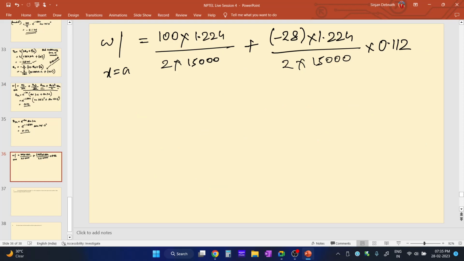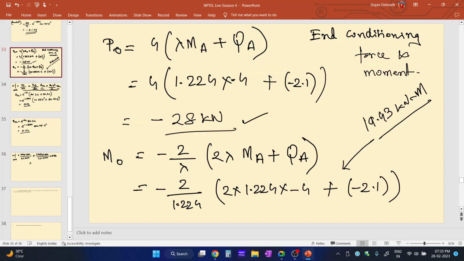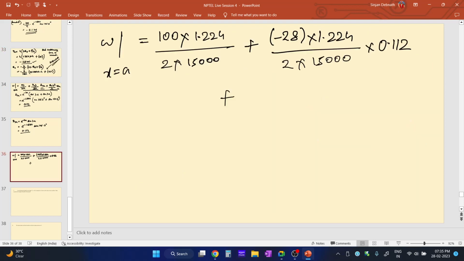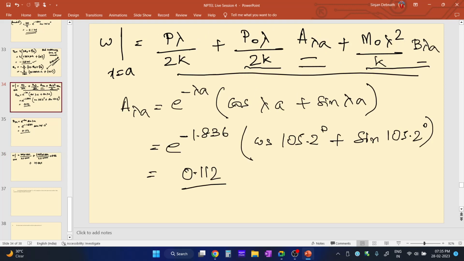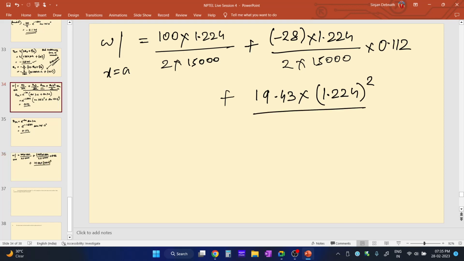And the third part, what is the third part? M0 lambda square by k into B lambda A. So M0 is the end conditioning moment. What is the end conditioning moment? It is 19.43. So plus 19.43 into lambda square by k. So lambda means 1.224 square by k.